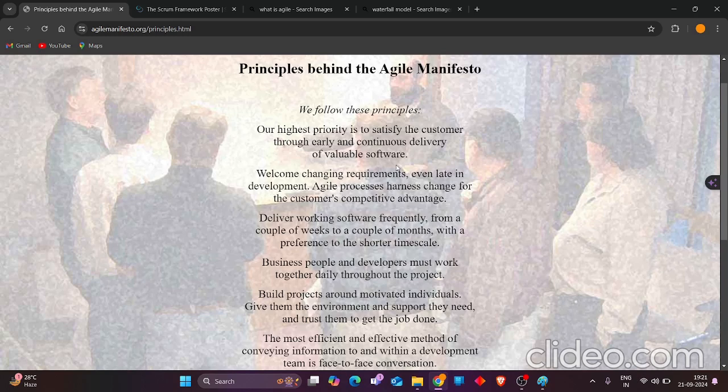If the client wants his software as early as possible, we should provide it as early as possible. We should develop the software in parts, part 1, part 2, part 3. If one feature is ready, we should deploy it to the client to make use of it.